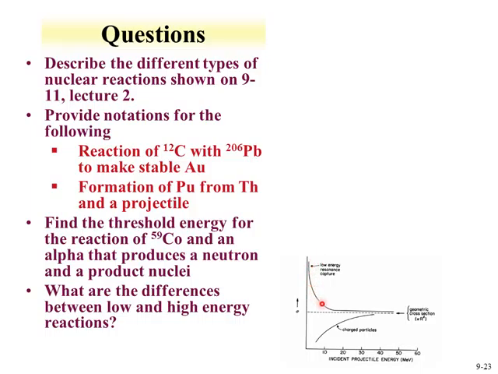The slower neutrons have a higher cross section, whereas for uranium-238 we only start seeing fission when the energy is increased above a certain value. With charged particles, we have to overcome the Coulomb barrier. So once that Coulomb barrier is overcome, we can start seeing reactions.